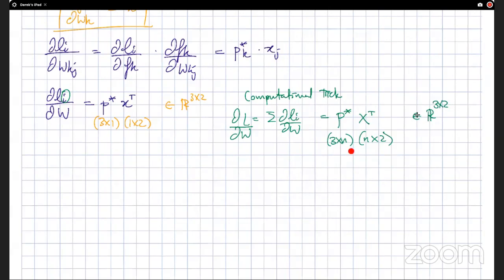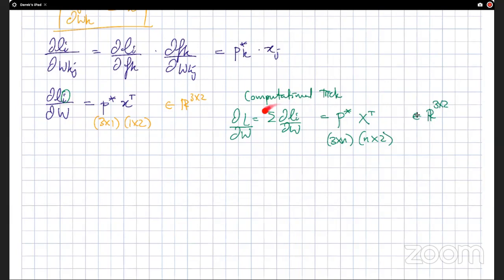So really what you're getting is a 3 by n and n by 2, then these cancel out. So it's basically equivalent to taking the sum over the i here. As a result, you're just doing matrix multiplication across all data points, and so this actually corresponds to line 62.